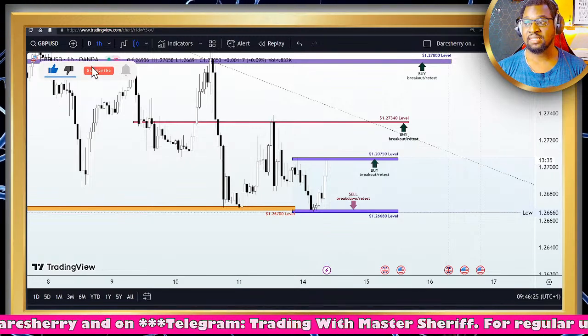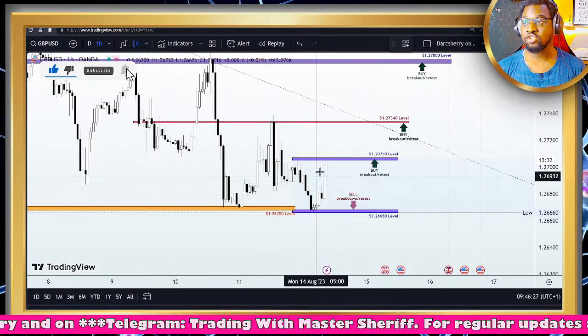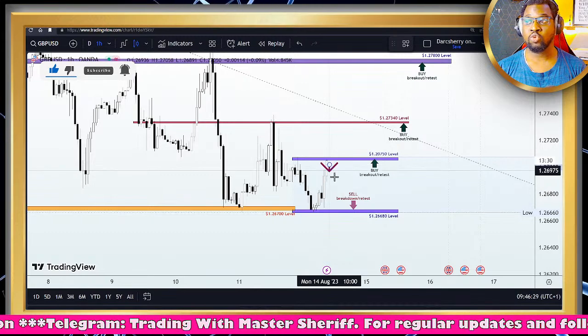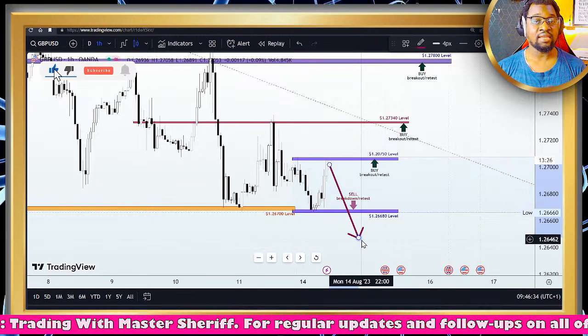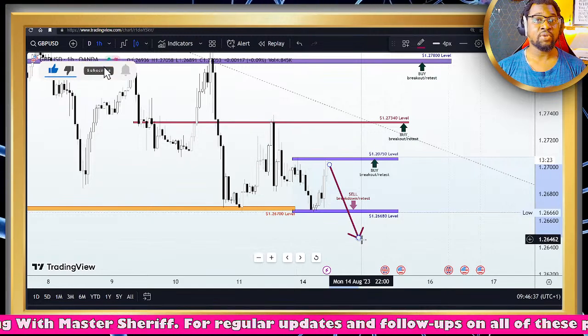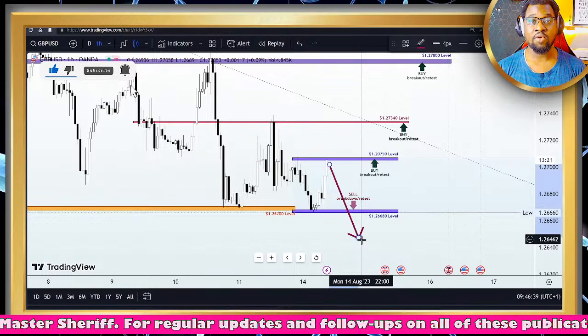So what I'm simply saying here to give a visual representation of what I'm talking about is that we would need price to break down the support line for us to start considering selling. And in fact, in this case scenario, I would need some confirmations before I join.